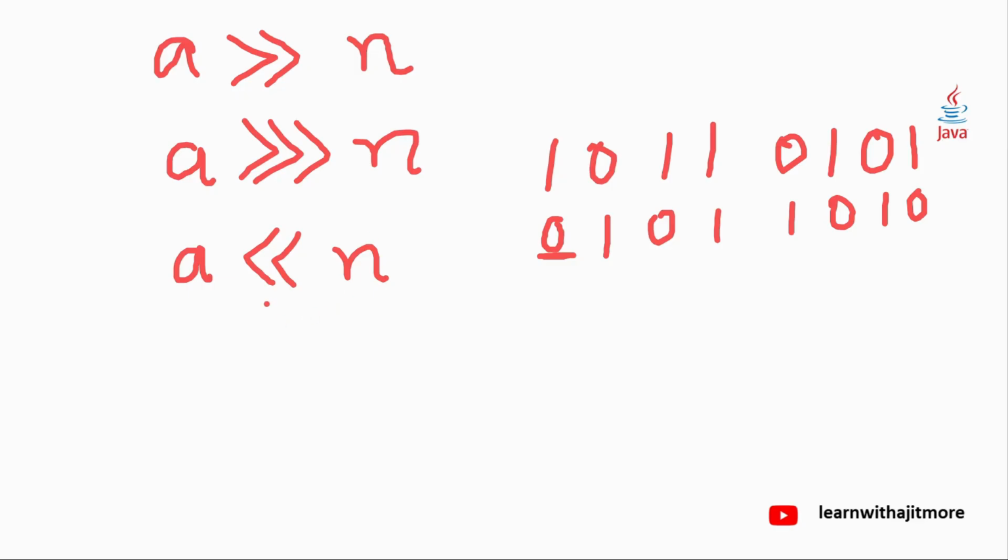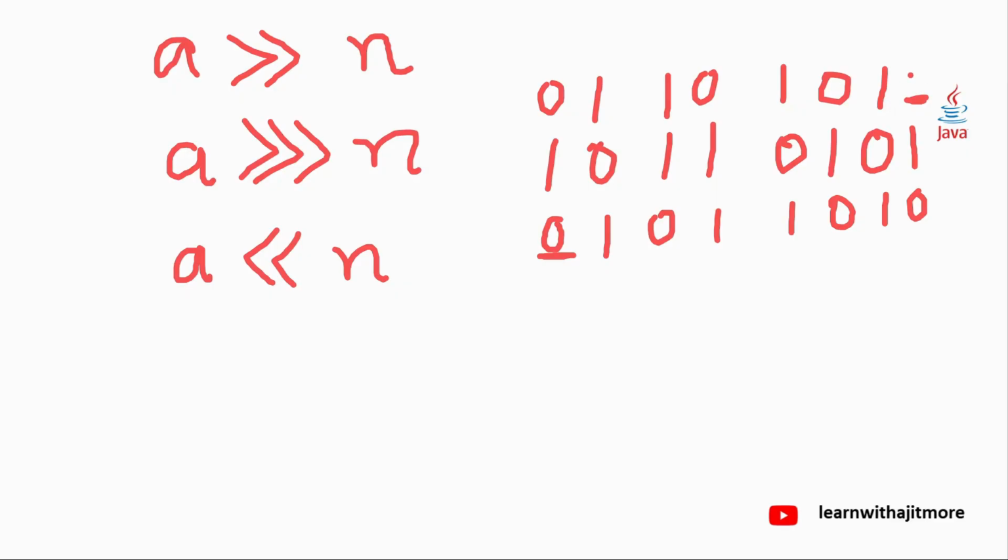And this is left shift. In the case of left shift, suppose I am shifting this to the left side. So this one will go out, here zero is going to come, here one, here one, here zero, then again one, then zero, then one. Now the question is, what will come at the LSB, the least significant bit?